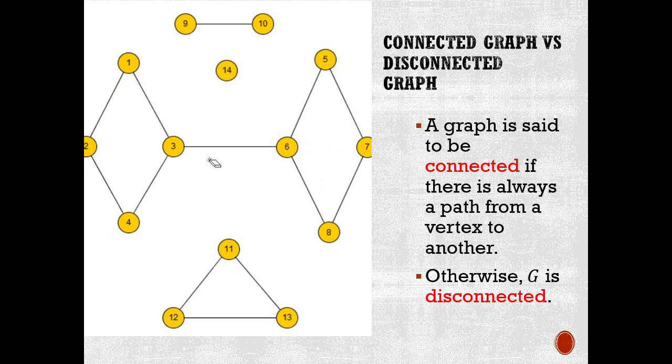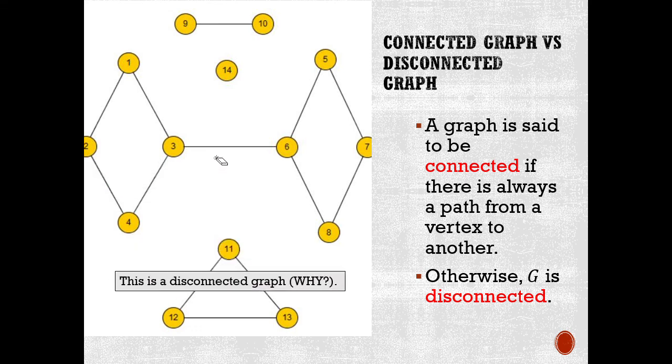Now, why is this graph disconnected? Please comment below for your answers. Okay. So in our discussion in this video, we will restrict our graph to simple graphs and connected graphs.